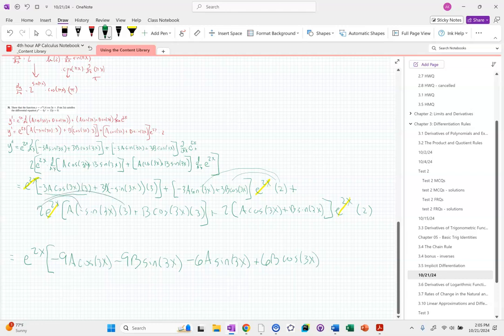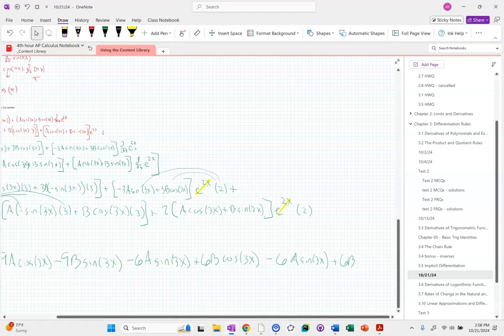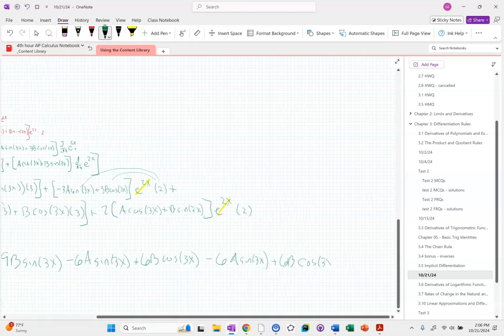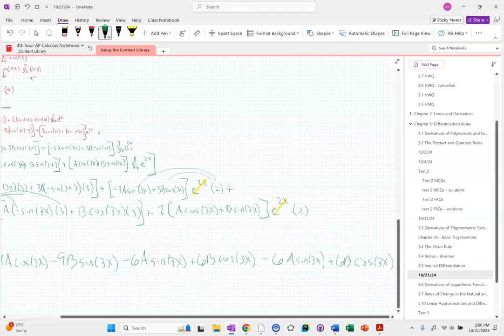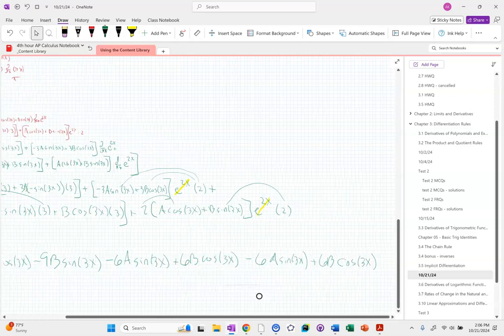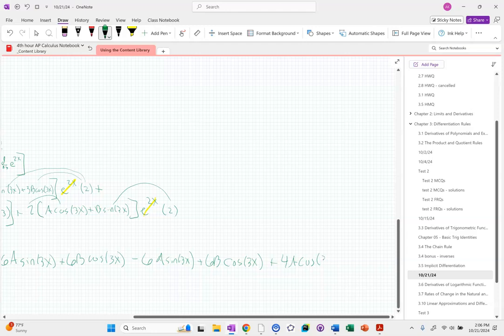Now I'll distribute this 2 through, so that's going to be minus 6a sine 3x plus 6b cosine 3x. And then we'll distribute this 2 and this 2 through, so then we have plus 4a cosine 3x plus 4b sine 3x.